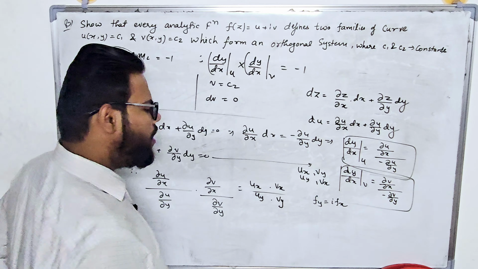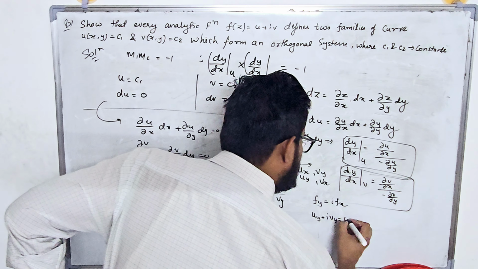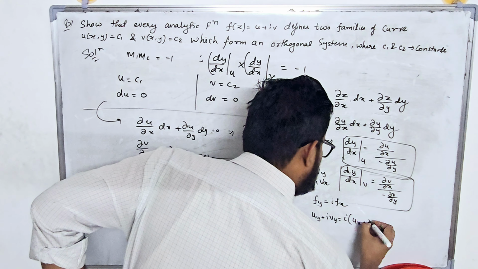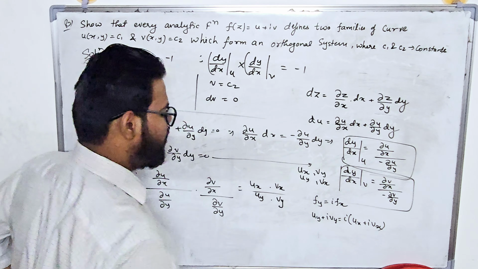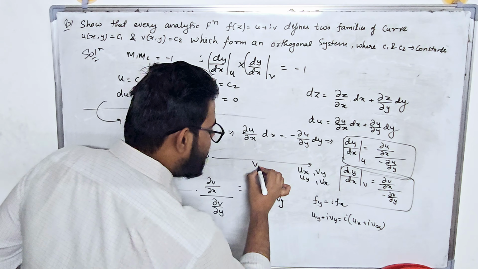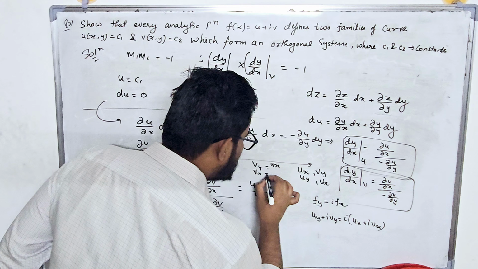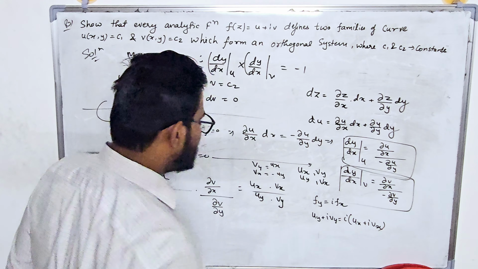It is uy + ivy = i(ux + ivx). Now just equate the imaginary terms. So you will get vy = ux and vx = -uy, correct?